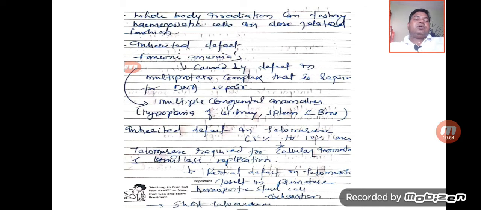Telomerase is required for cellular immortality and limitless replication, so this partial defect results in premature destruction of the hemopoietic stem cells. These are the two important inherited conditions in which we can see aplastic anemia.